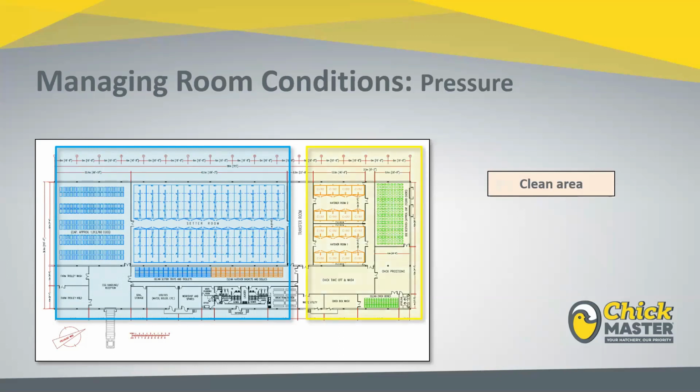When we look more into hatcher rooms, takeoff rooms, chick rooms, chick processing, these are dirtier areas of the hatchery. And so when we look at a pressure cascade, in other words, pressure settings for egg rooms, setter rooms, transfer, as we progress through a hatchery, you want to make sure that your pressure settings aid in allowing air from cleaner areas to progress more towards dirtier areas.